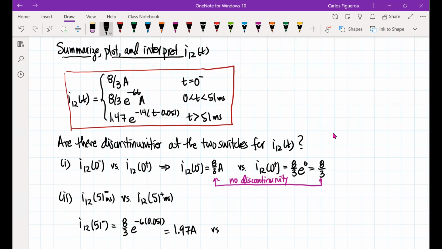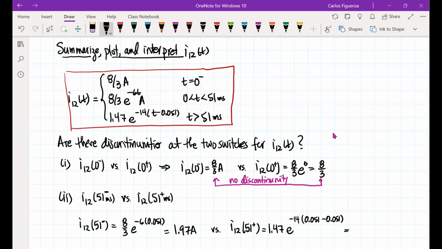So now I have to compare it to what happens after the switch. So this is I12 at 51 plus milliseconds. So now I have to look at the second solution. So this is 1.47 times e to the minus 14 times, and look what I get: 0.051 minus 0.051, which gives me 0.